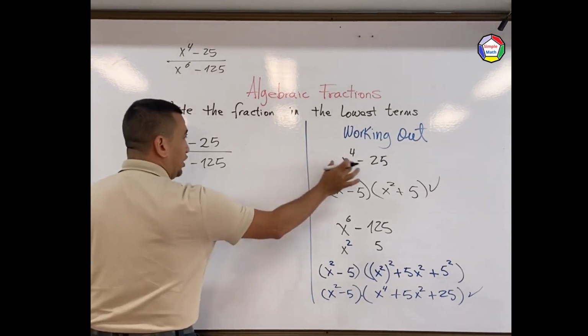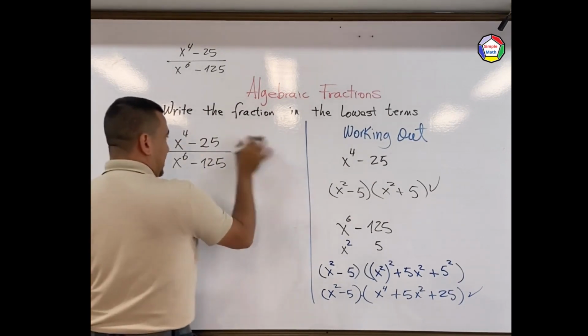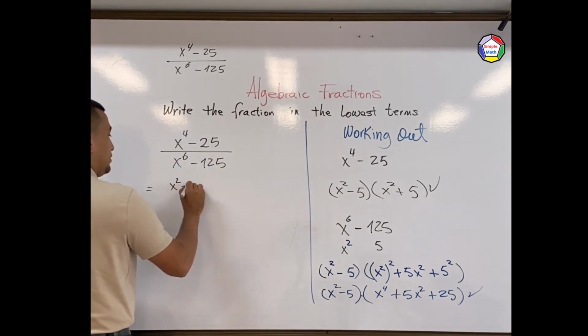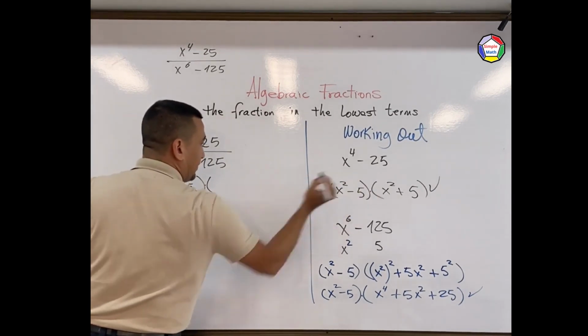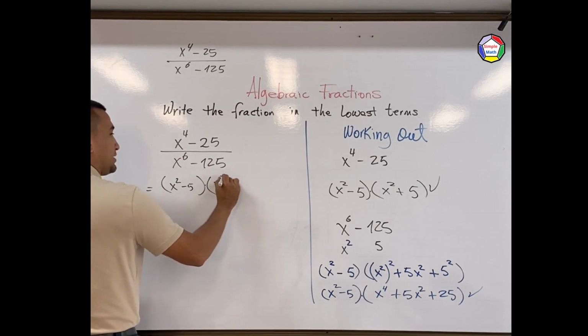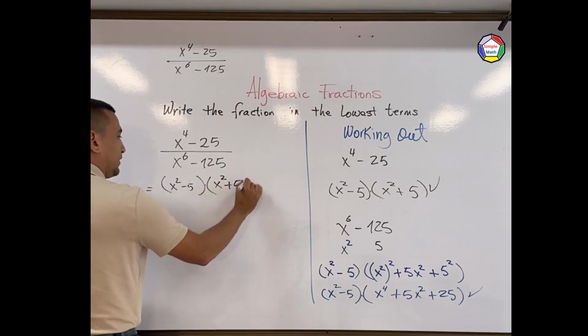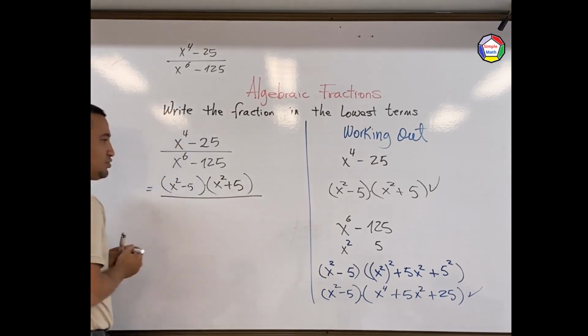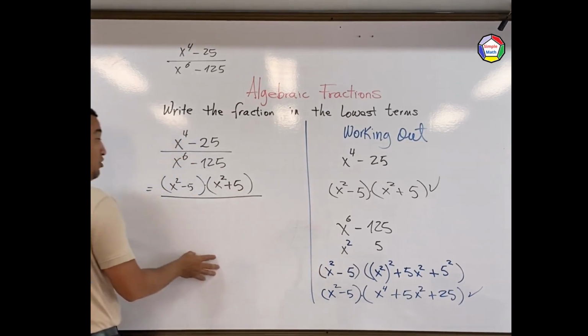The numerator is x exponent 2 minus 5 times, remember that's the main operation, x exponent 2 plus 5. That's the answer of the numerator. Now, let's do the same thing with the denominator.